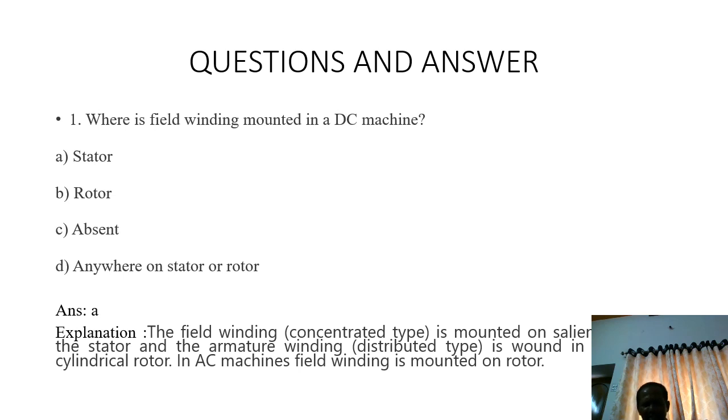So where is the field winding mounted? On the pole surface. And where is that pole surface located? On the stator. So the field winding in a DC machine is mounted on the stator. Answer is A.